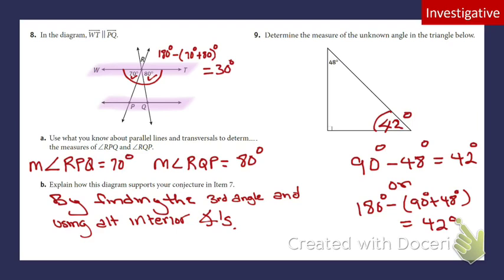So this angle right here in the middle of both of these is 30 degrees, and you can't really see it when I write it in there, but 30 degrees. Okay, so that's how I found that angle.